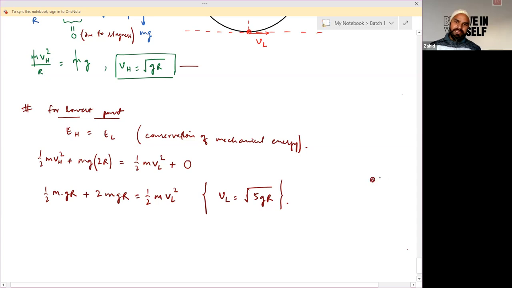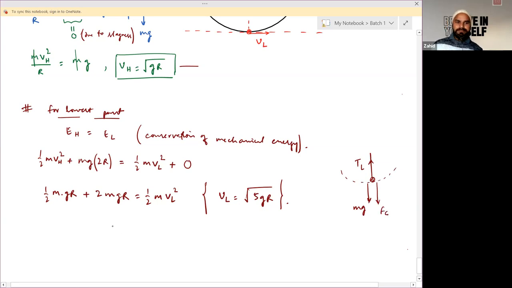We may define tension at this lowest point. Suppose this body is experiencing tension along this direction, let's say T_L, due to force of gravity, mg, in this direction, and due to centrifugal force, which is away from the circular path, F_c.